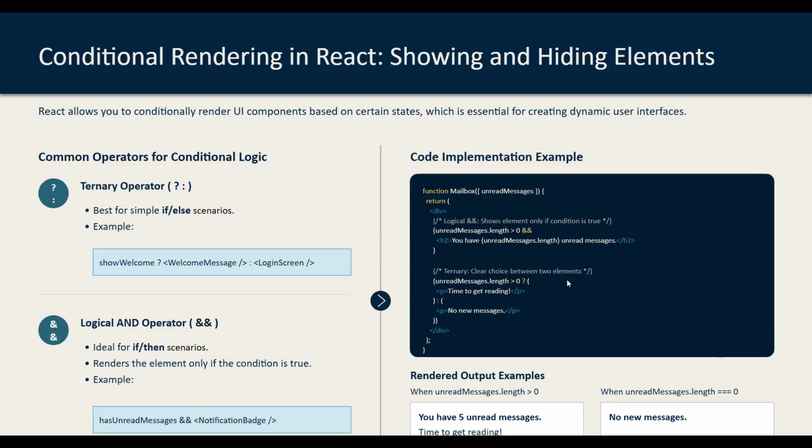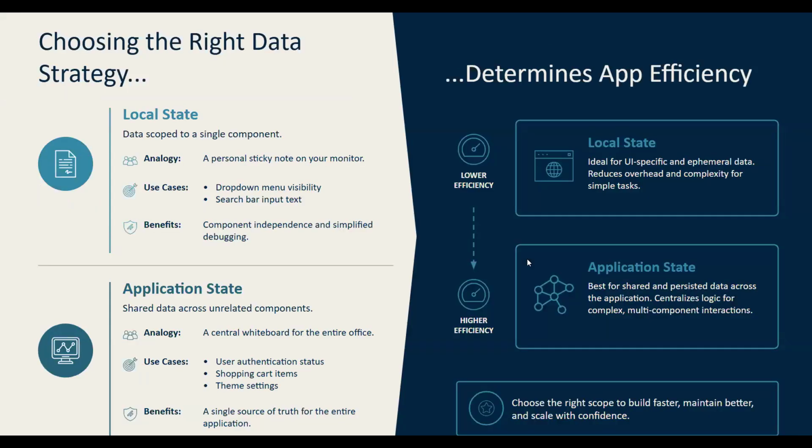In the lines below, the ternary operator checks again if the number of unread messages is greater than zero. It shows a message that says time to get reading, or else it will show a paragraph that says no new messages. So the main idea is that React allows us to make the interface respond to data dynamically.